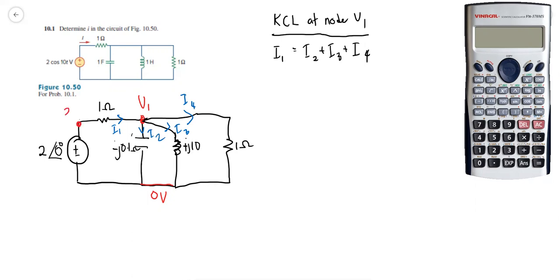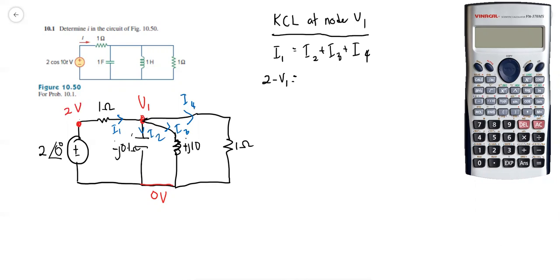So we have current I1 equal to I2 plus I3 plus I4, where I1 is the current that flows from this node, which is 2 volt. Because we have no phase, we can just write down the magnitude. So I1 will become 2 volt minus V1 over the resistor, over 1.